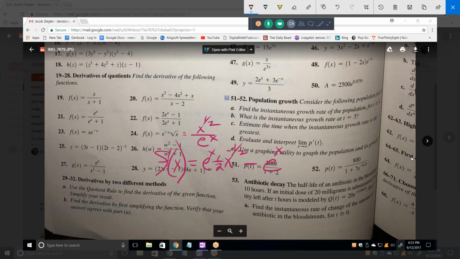Which is the derivative of the bottom. Yeah, and then x to the 1/2. Good. And all divided by, end with? The bottom squared, so it would be e to the x squared. e to the 2x. Yep.